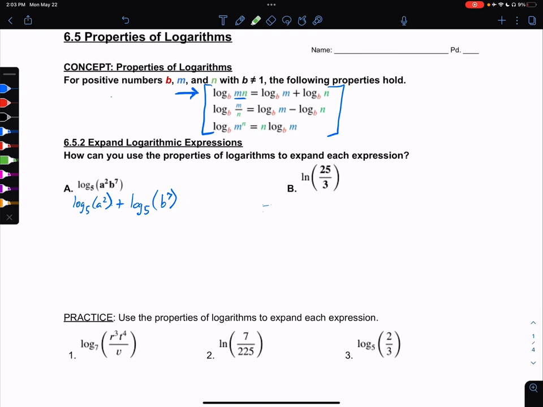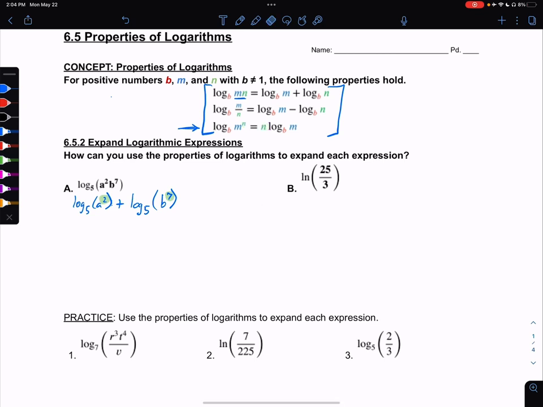So the next part of this is we have these exponents here, and what that will allow us to do is we can now look at the third property, the power property of logarithms. So that step here is telling you that you can take an exponent, so in this case n, and that exponent becomes a coefficient out front. So what we're doing is moving it from kind of the back end to the front end.